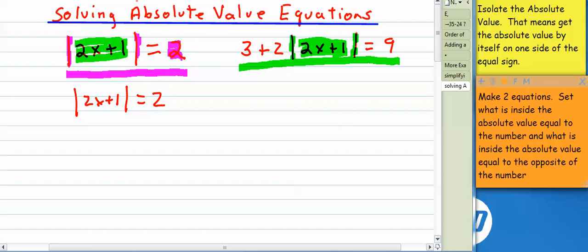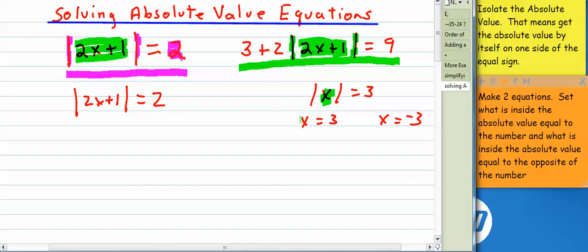Now, if you remember, we talked briefly about how absolute value of x equals 3 meant x is equal to 3 or x is equal to negative 3. What we did here is we took what was inside the absolute value, x, and we set it equal to this number, 3, or the opposite of that number. We're going to do the same thing.